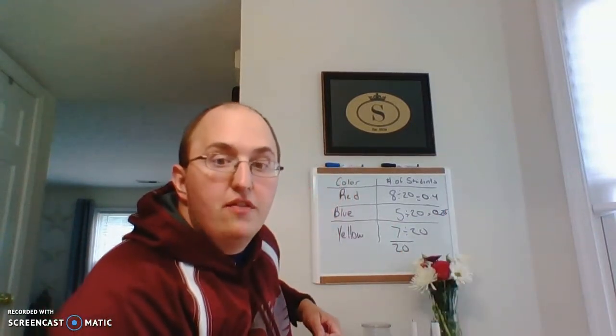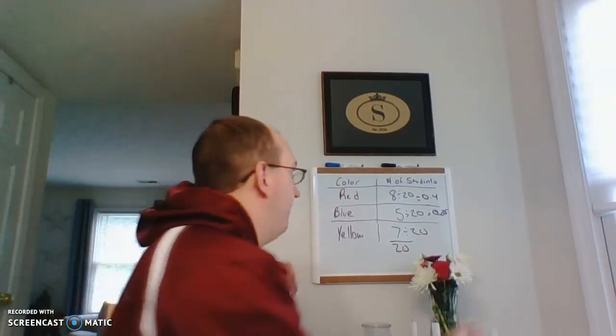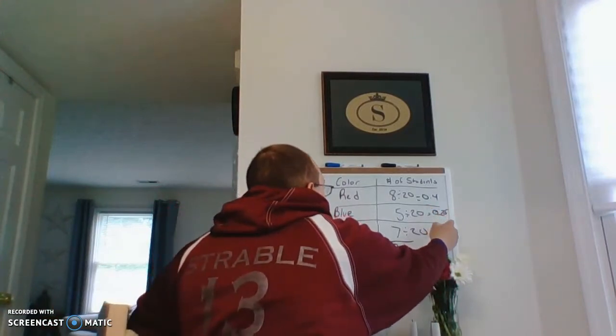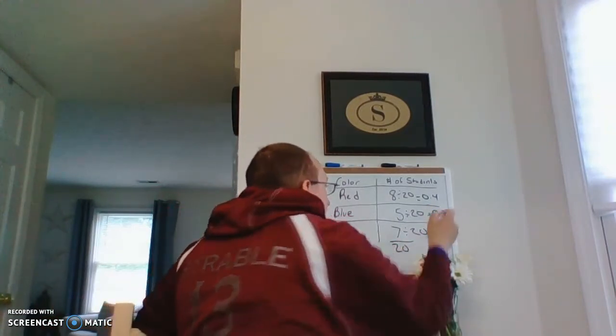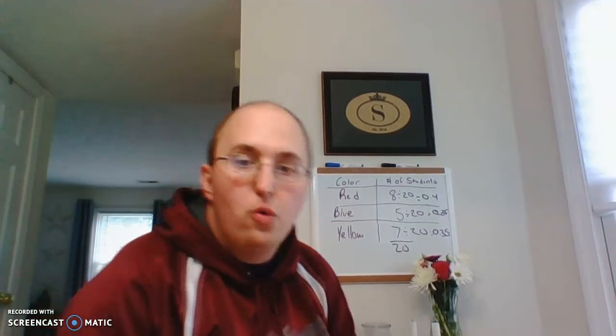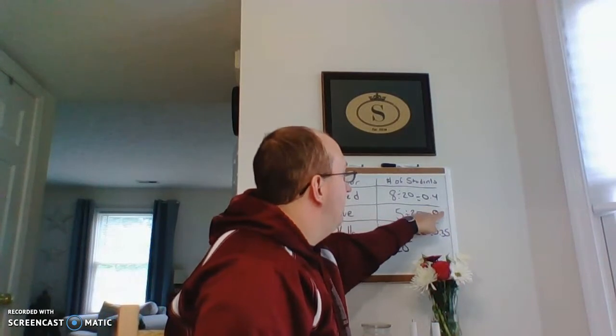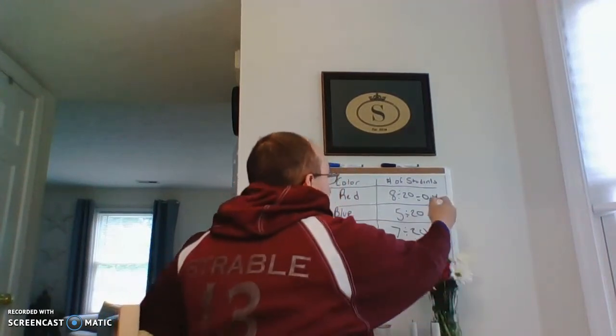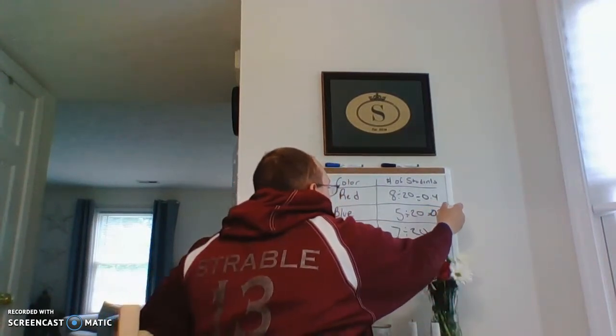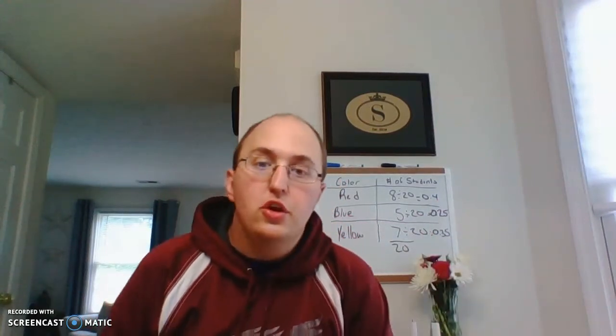And finally, 7 divided by 20 is going to get you 0.35. So those are your decimals.